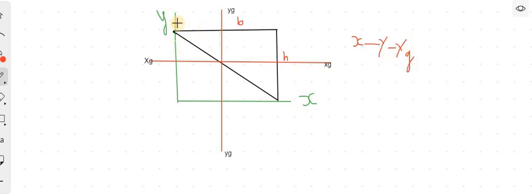Here y to yg. What is the distance? This is a minimum portion, right? Maximum portion means it is b by 3 from the maximum portion. But here your axis is here. So what should it be?